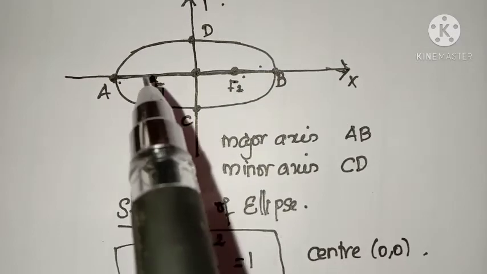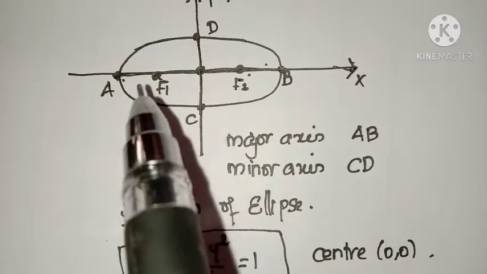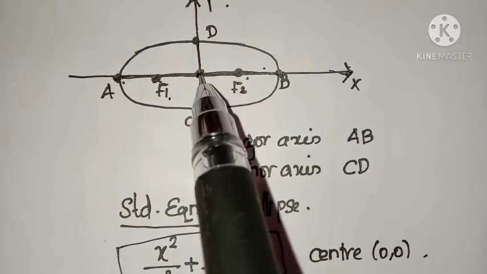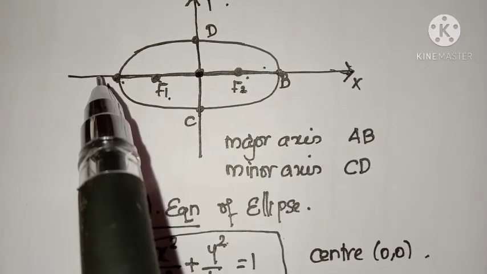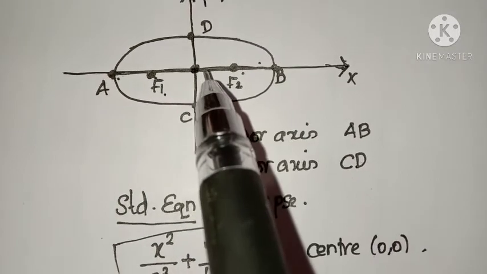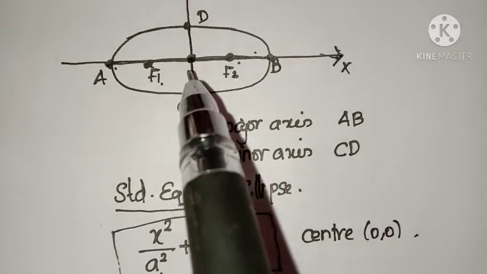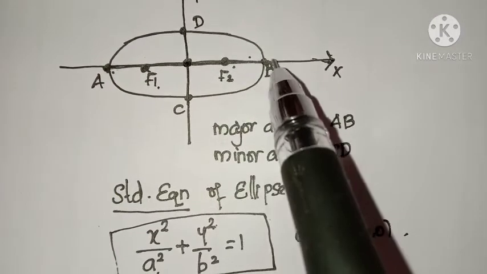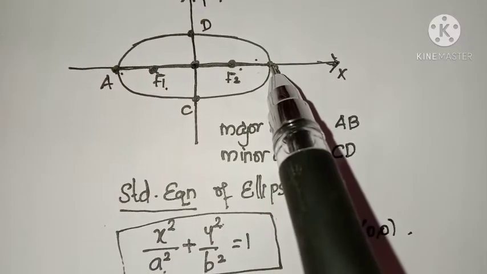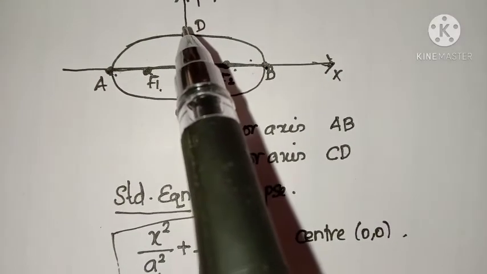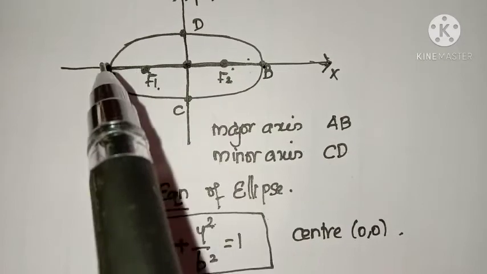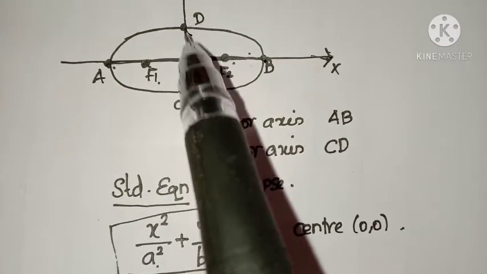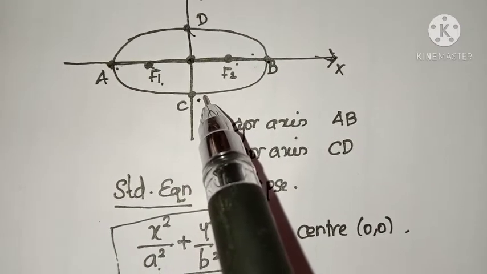So listen, AB is the line passing through F1 and F2, and this point is the midpoint of the line segment joining the foci, called the center. Now listen, the line segment through the foci of the ellipse is called the major axis, and the line segment passing through the center and perpendicular to the major axis, that is CD, is called the minor axis.